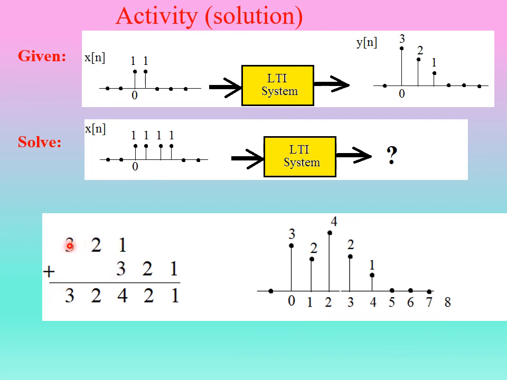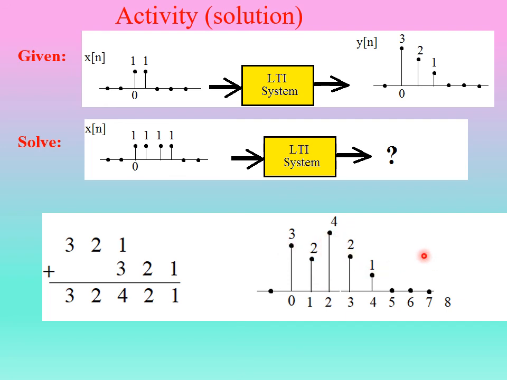So there's overlap. The first 3, 2, 1 overlaps with the bottom 3, 2, 1. And therefore we can add these together now. So we have 3, 2, and here we have 4, 2, and 1. So our final output of our system looks like this: a 3, 2, 4, 2, and 1.